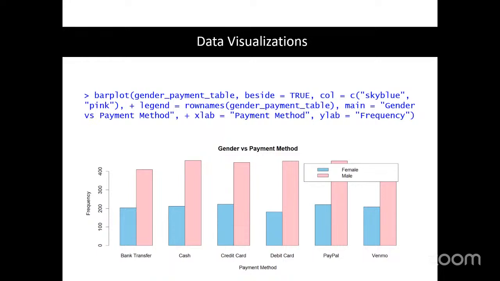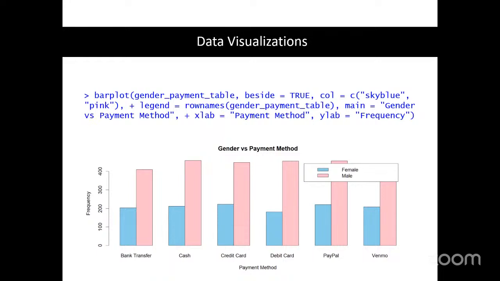I do not know what is the underlying reason. They prefer credit card and also PayPal. That means they prefer to transfer money, the international transfer they prefer. And also they prefer credit card instead of the debit card. Debit card is preferred by the male.